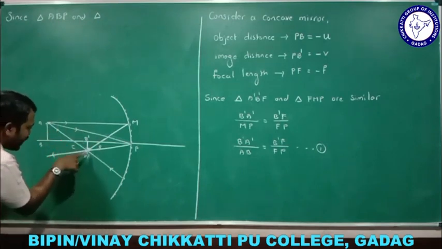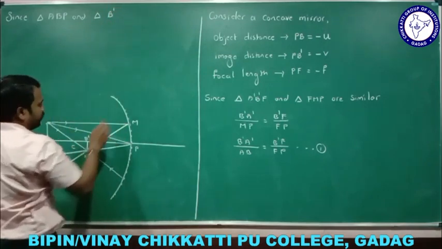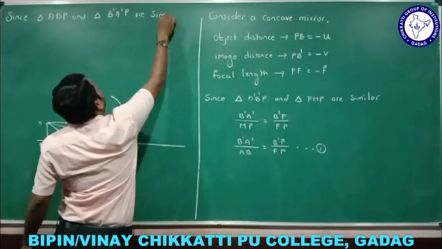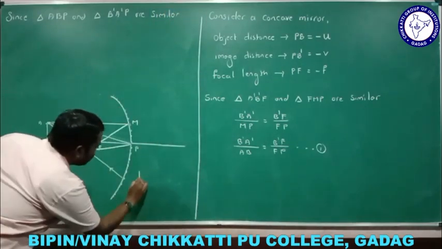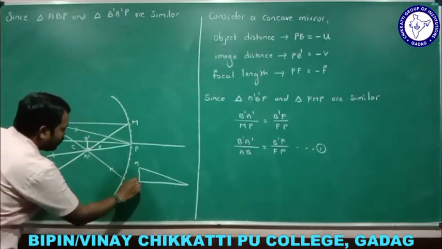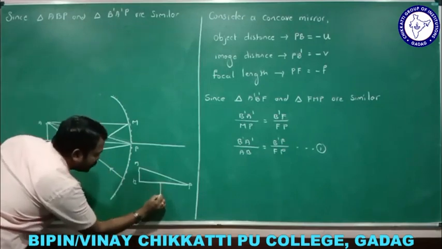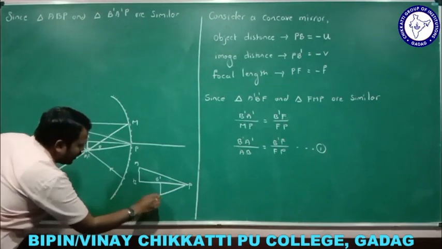Then B dash A dash P are again similar. Let me show here. This is the triangle ABP, right? Another triangle is here. This is the triangle B dash A dash P.